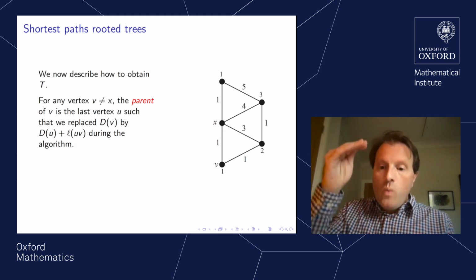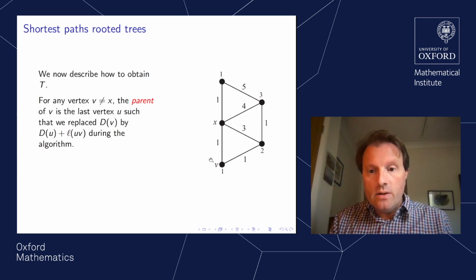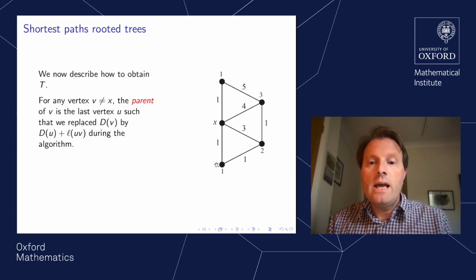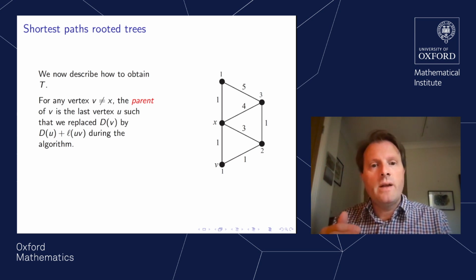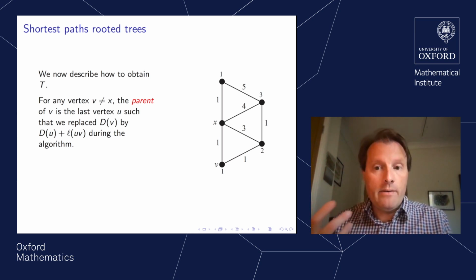Now, when it goes down, the way that it goes down is that d of v goes down to the value d of u plus luv for some vertex u. And so when it goes down for the last time, that u is called the parent of v.